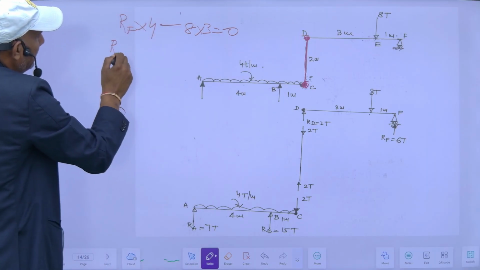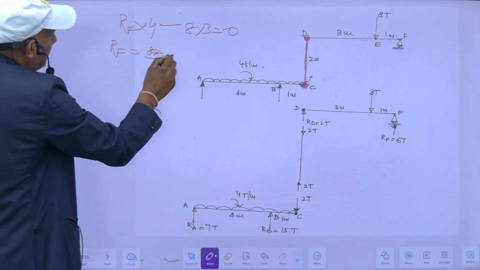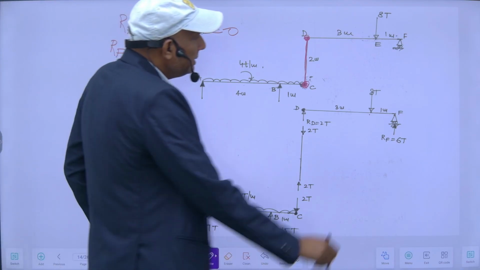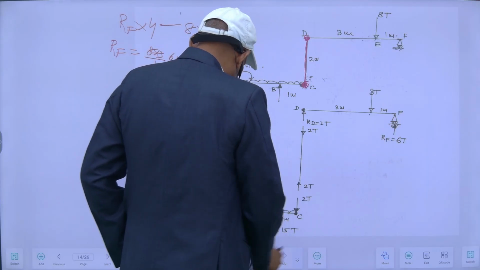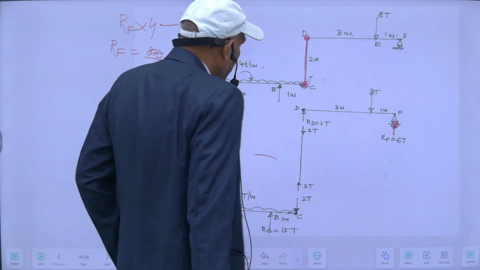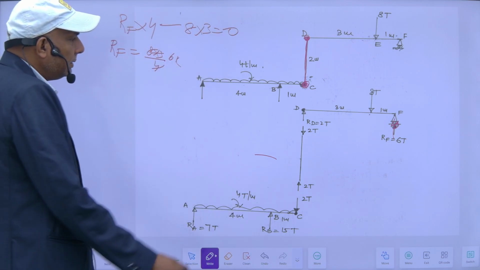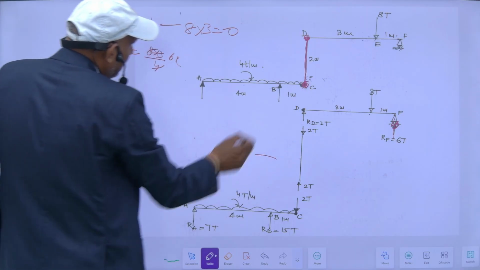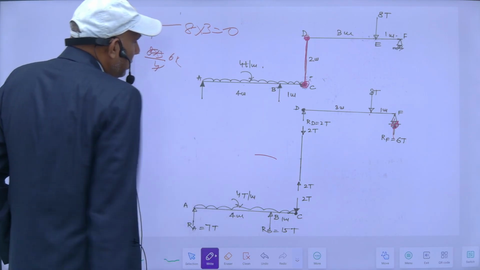So RF is equal to 8 into 3 by 4, which means 6 kilonewton. So this is 6 kilonewton, this reaction. And RA also I can find from here by taking moment at C. So another RB is also required.